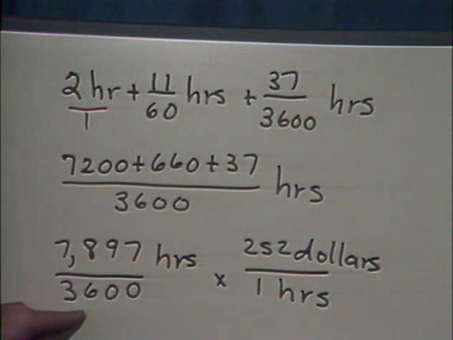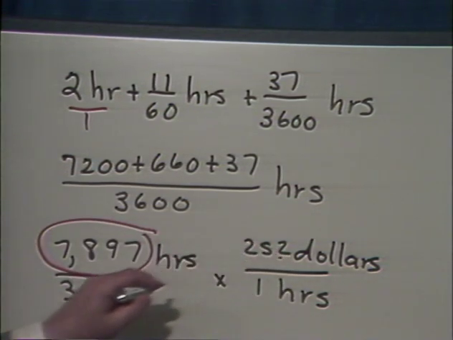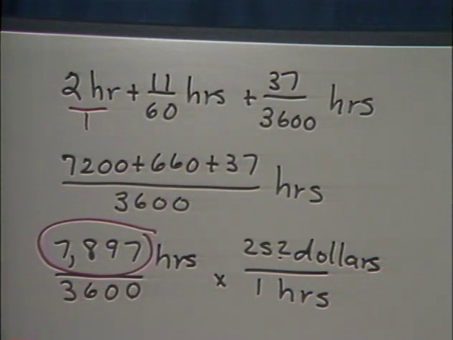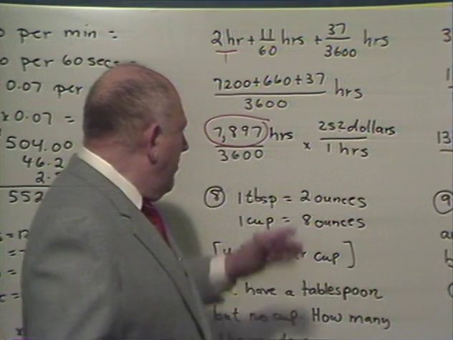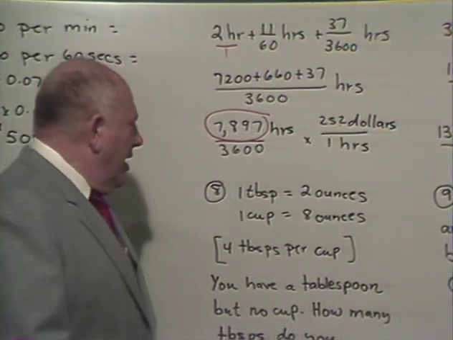Now the answer is going to be this many hours at $252 per hour. And if you ignored this part and just divided this by this, that's where you would get your 7 cents per second. But you see all the different ways of doing this problem? Okay, let's go on. We've got a few more to do.